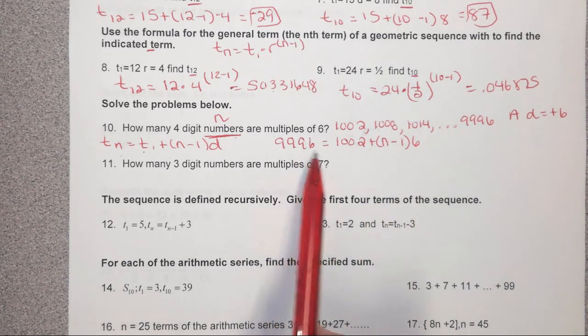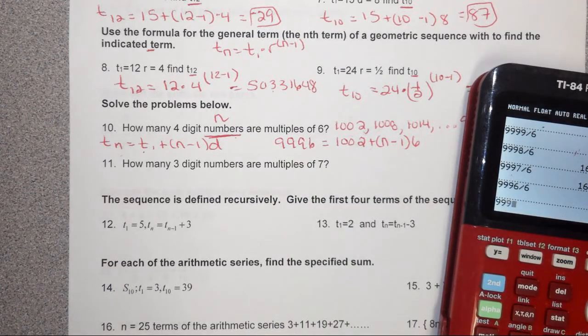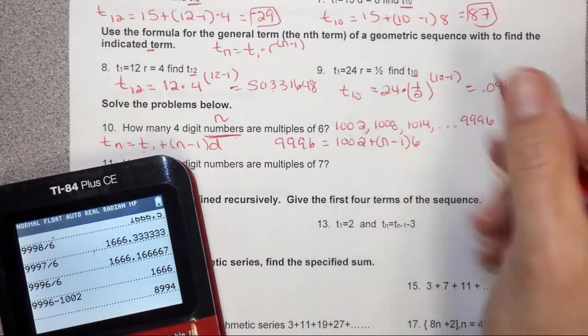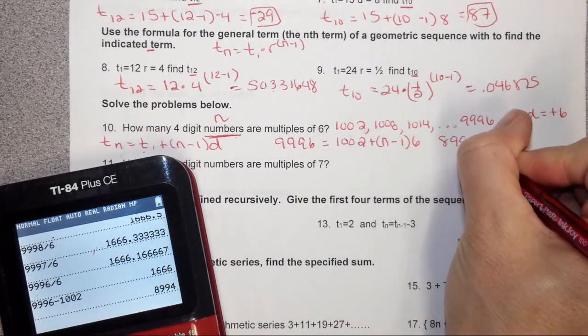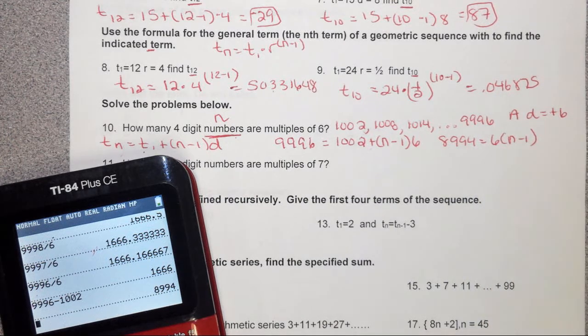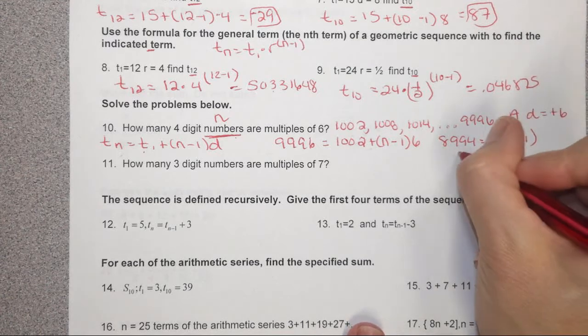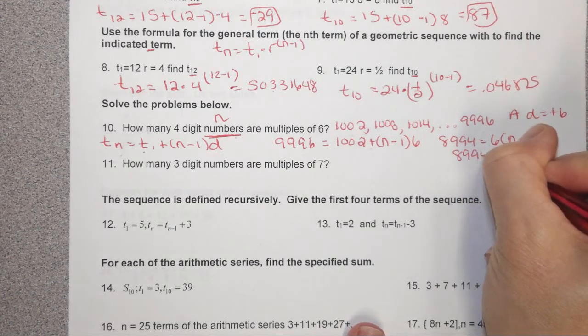From here, we're going to solve. The first thing I'm going to do is subtract 1,002. So 9,996 minus 1,002. So I have 8,994 equals 6 times n minus 1. A lot of y'all want to distribute from here, so that's what I'll do. It's not the only way to do it.